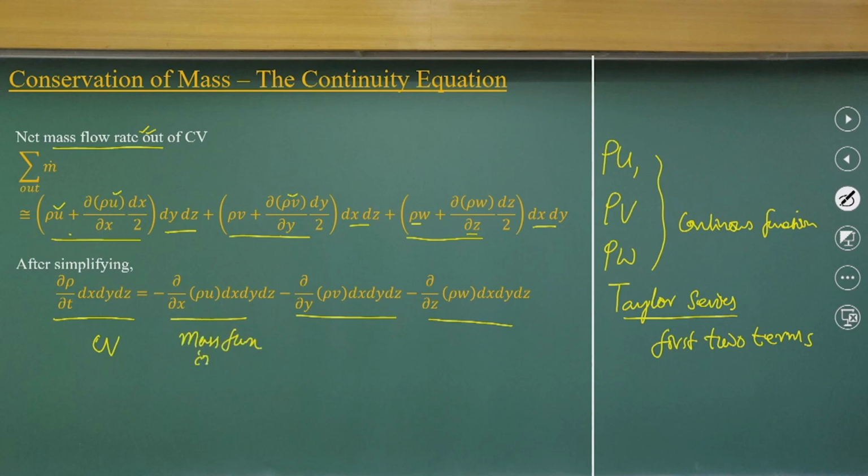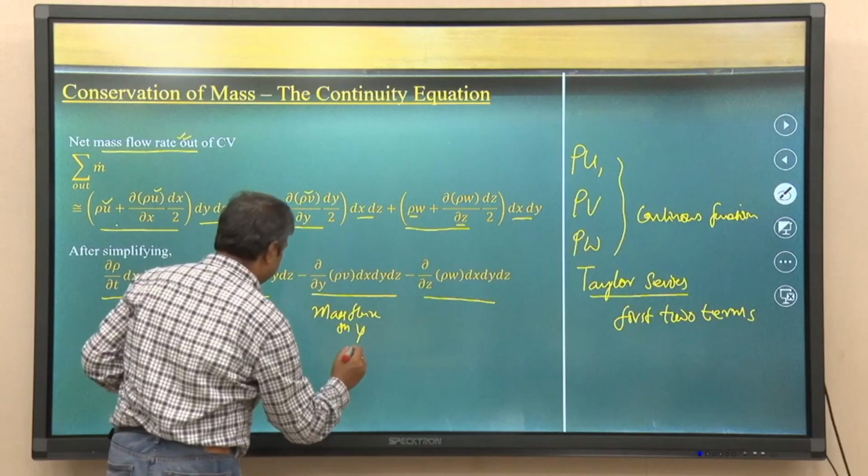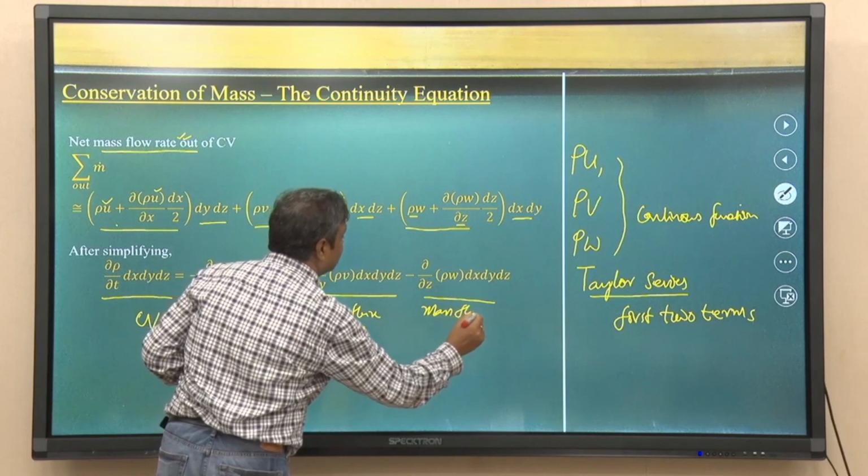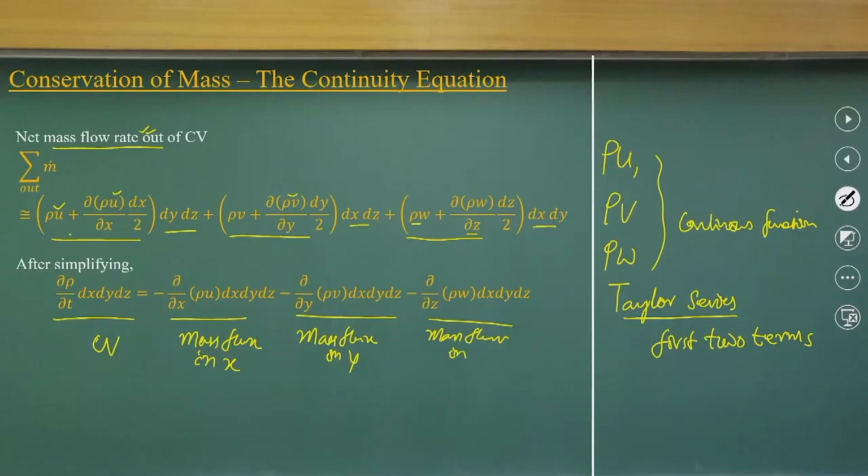This is the mass flux in x direction. This is the net mass flux in y direction. This is the mass flux in z direction. Okay.